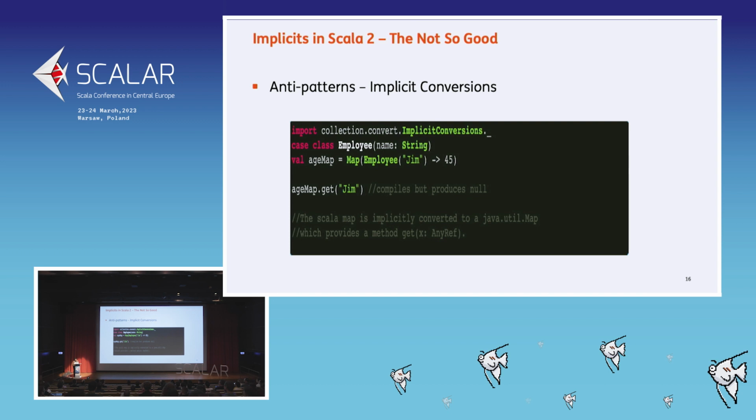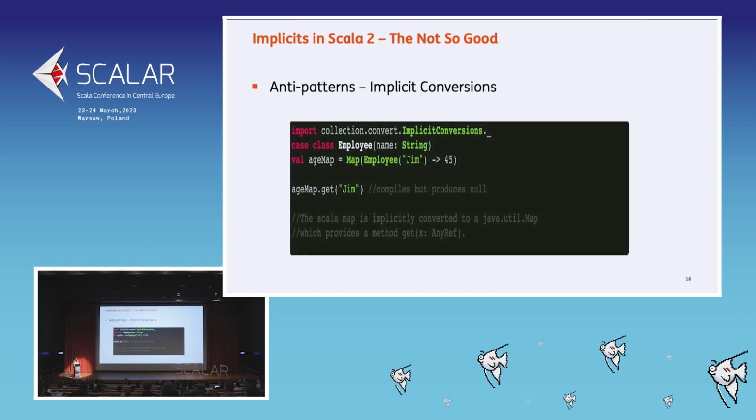Here is an example. You see that there is an import of an implicit conversion from the collections library. I have a case class Employee, which has a property name, and then I create a map of employee and age. So the key of my map is the Employee case class. But what I can perfectly do is a get on a string here.